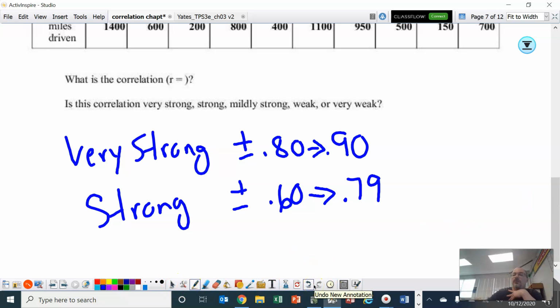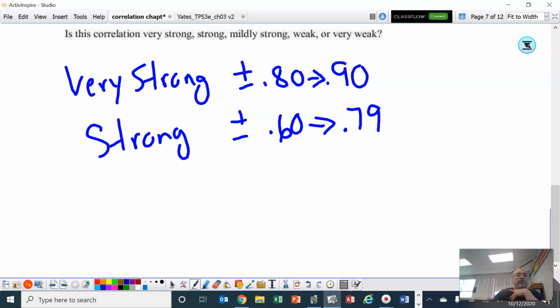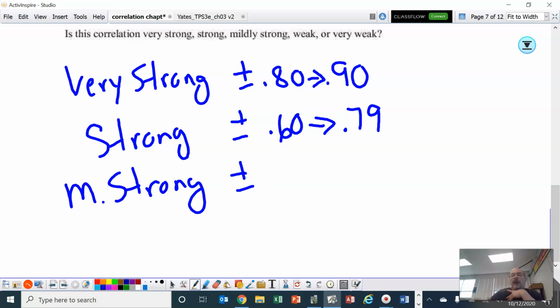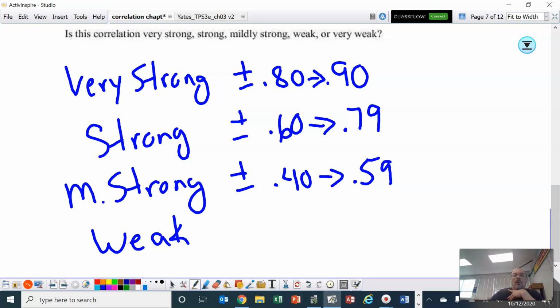Mildly strong, we could go anything like 0.40 to 0.59. And then weak would be positive or negative 0.20 up to 0.39.